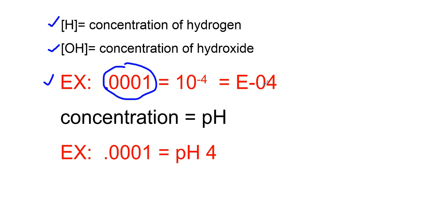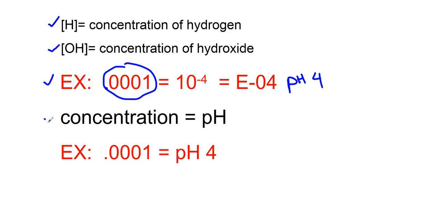Sometimes it's actually written like this. This E is the same thing, E to the negative 4. It's just how calculators tend to do things. What does that 4 mean? It means it must be pH 4.